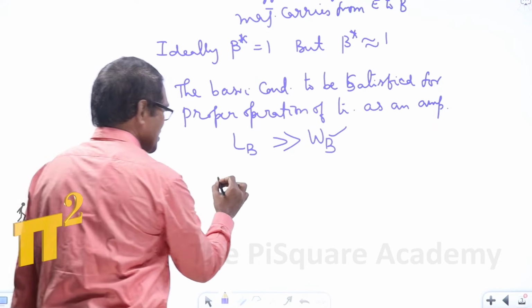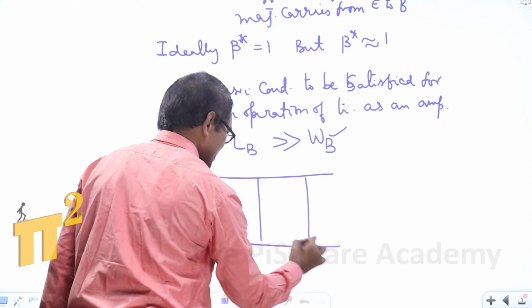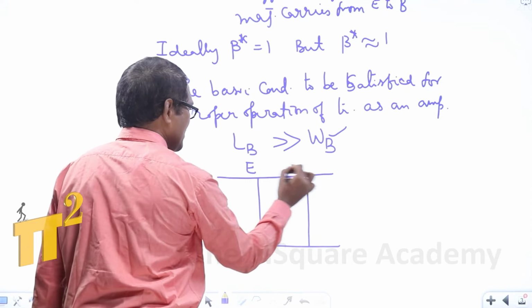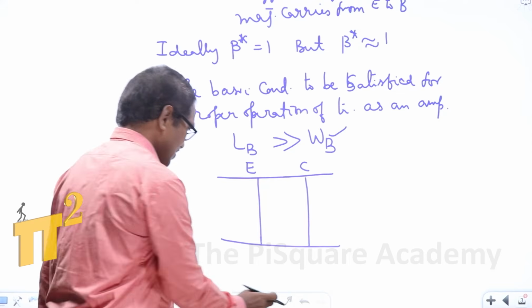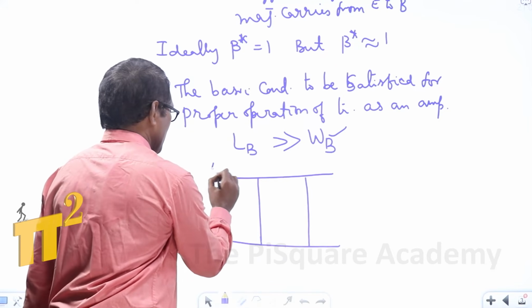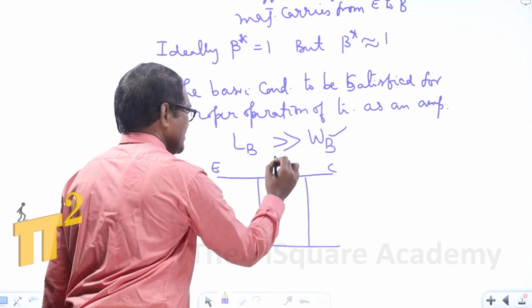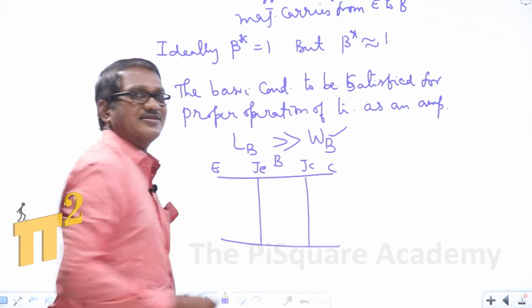So schematically this can be represented like this. This is the emitter and this is the collector, and this is the base region, this is the emitter junction and this is the collector junction.